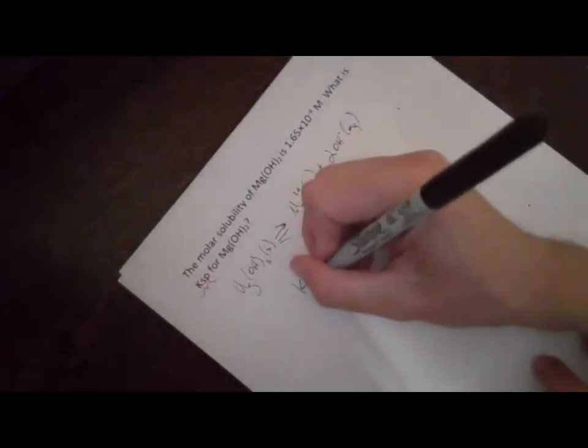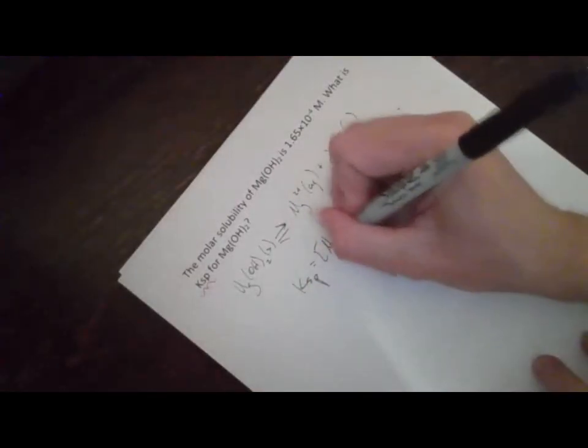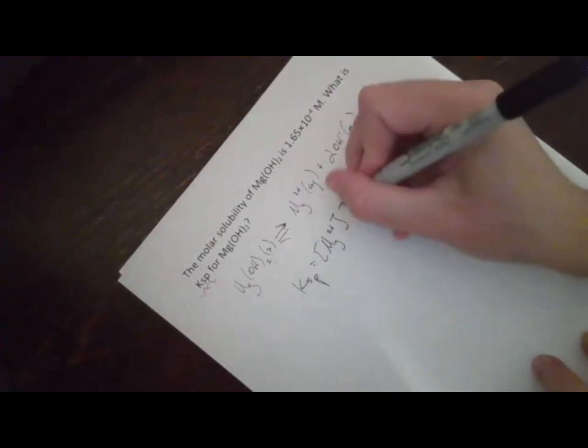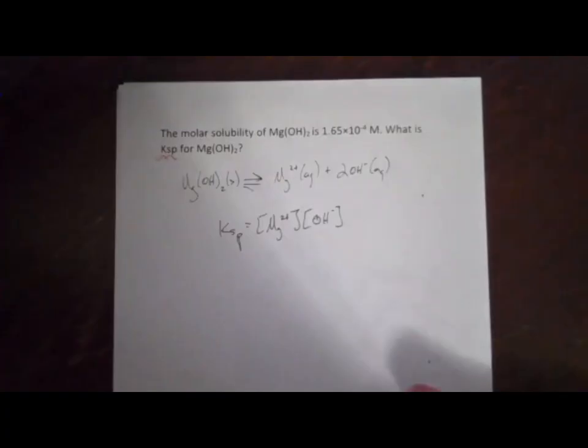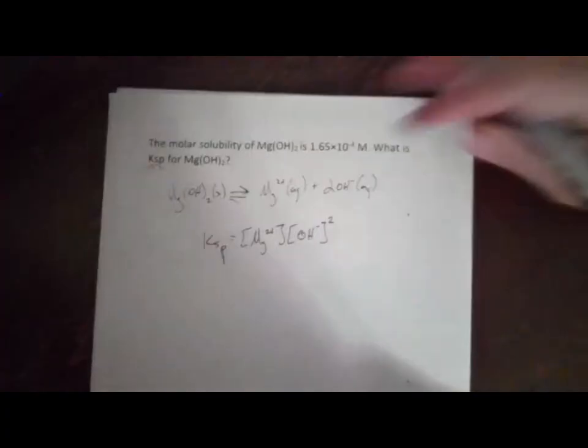So that'd be our solubility product: concentration of magnesium, concentration of hydroxide. Oh, and that should be squared, sorry. The concentration of hydroxide squared, because there's two right there. So there's our equilibrium constant expression for dissolving magnesium hydroxide.